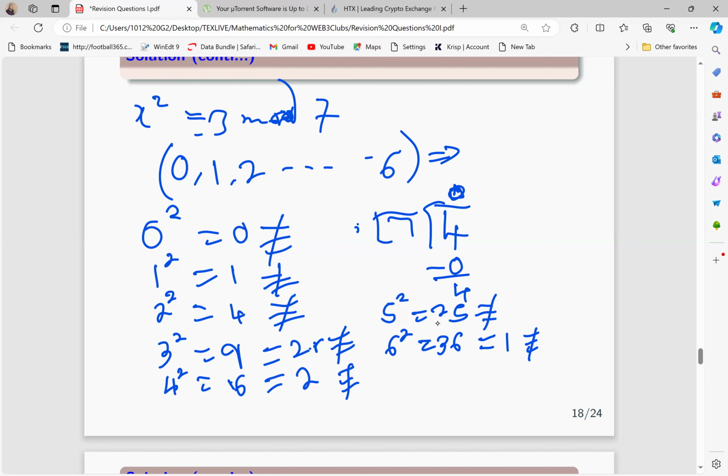We are telling the program: give when squares 1, when squares 2, all the way up to 6. Then you check which of those solutions is the answer, and if none, then there's no solution.